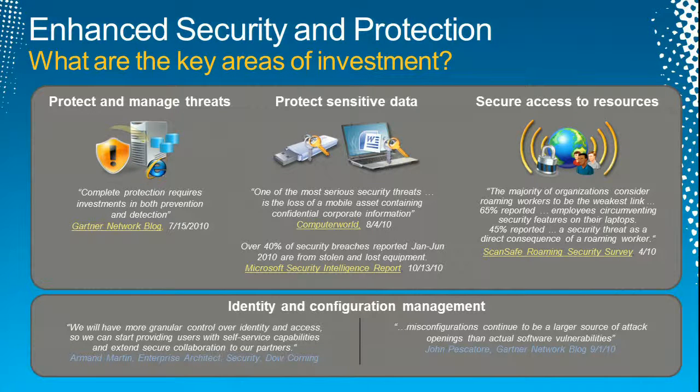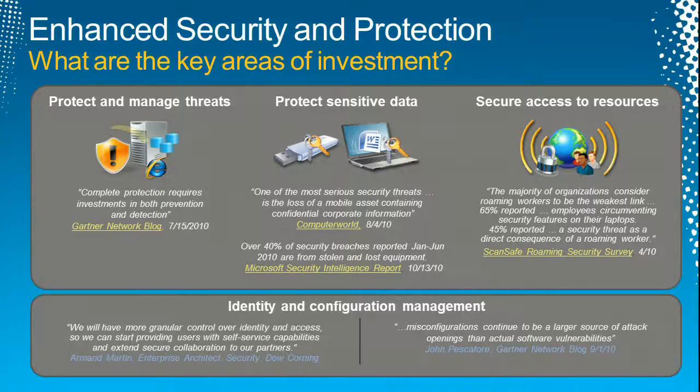Protecting sensitive data. This is BitLocker's bread and butter. This is where we focus on how we do full volume encryption, how we protect that entire drive, and how we protect particular files, so we can use EFS also. EFS is another great technology that helps you protect particular files. And also IRM, or Information Rights Management. This is technology that helps you lock down or actually limit access to Word documents, emails, and things like that.